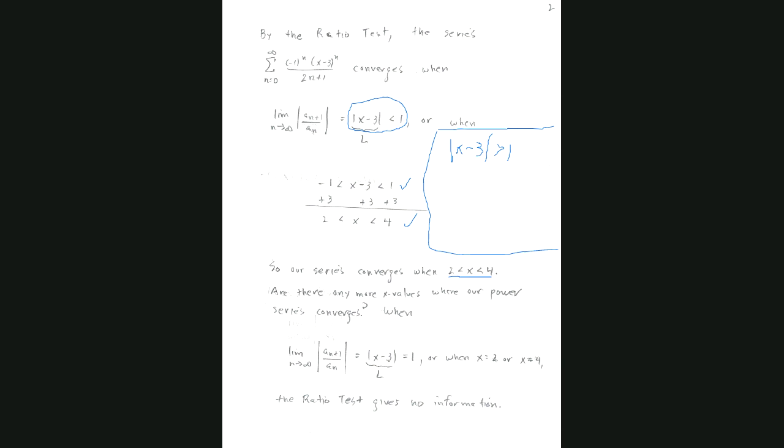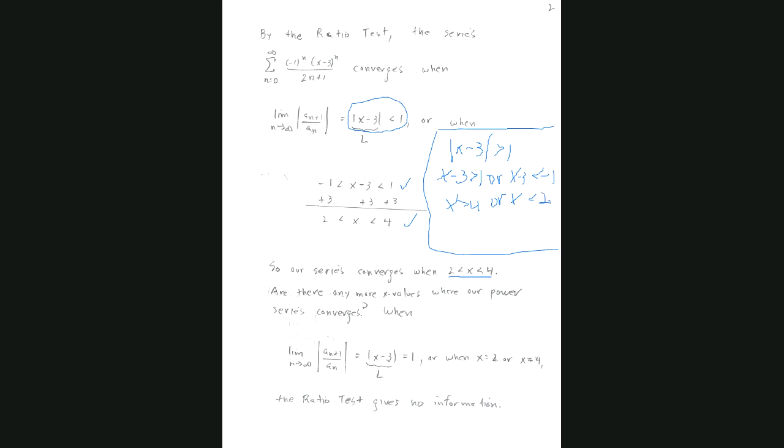So that would be equivalent to saying x minus 3 is greater than 1, or x minus 3 is less than negative 1, or hence x greater than 4, or x less than 2.